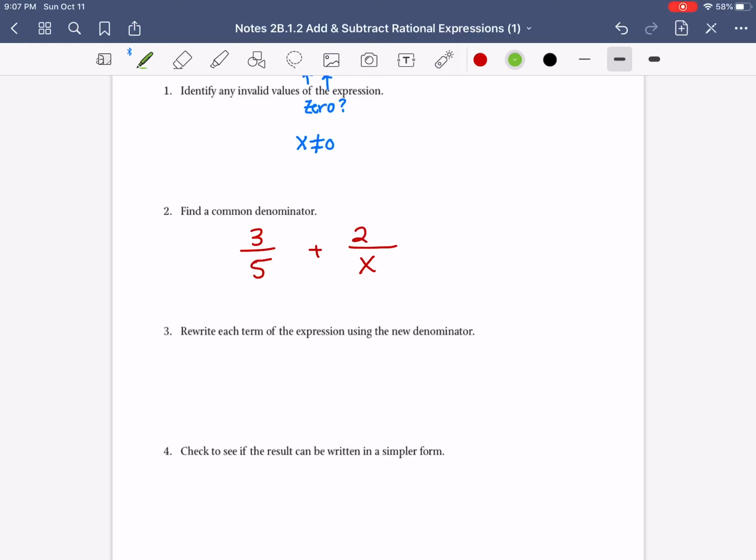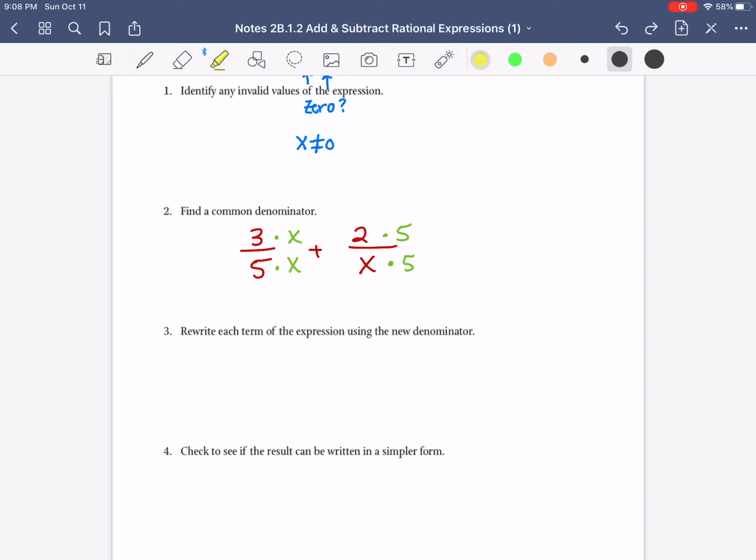So you multiply the first fraction by the second fraction's denominator on the top and the bottom, and the second fraction gets multiplied by the first fraction's denominator on the top and the bottom. They are both prime: 5 is prime, x is prime. There was really no factoring to do, so you just multiply. This denominator went over here on these two, and then this denominator 5 went over here on these two.